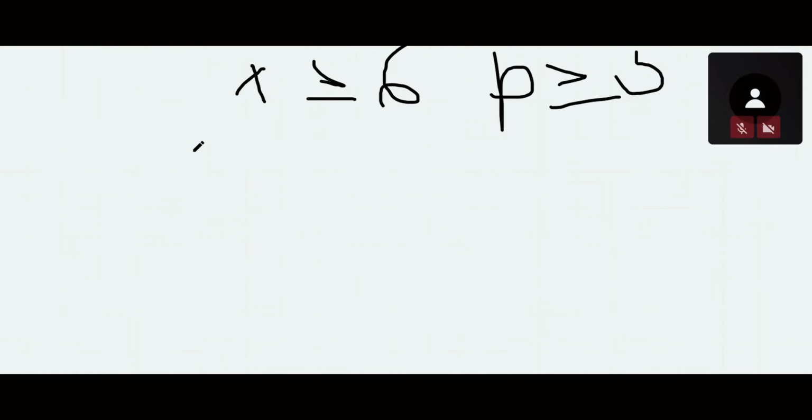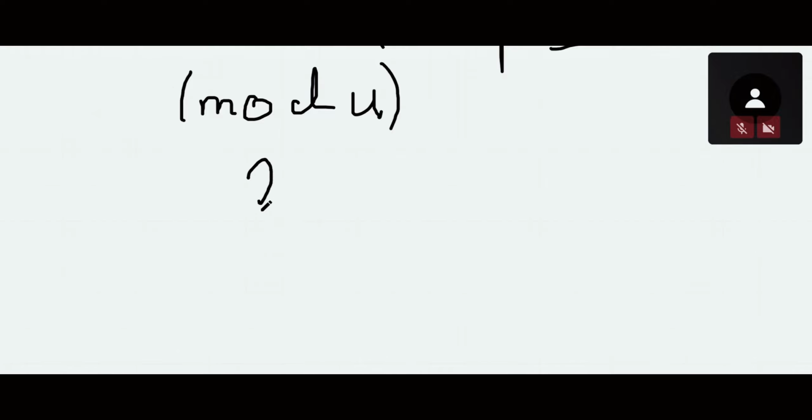Then let's have a look at mod 4. 2 to the power of x, with x bigger than 6, is 0 mod 4, plus x squared, we don't know any data about it, then 25.